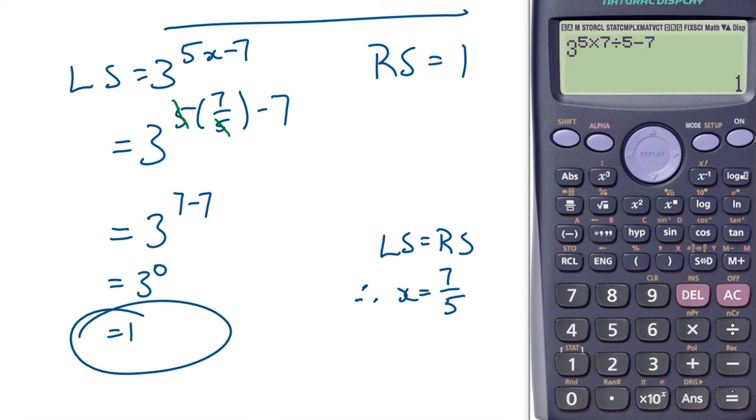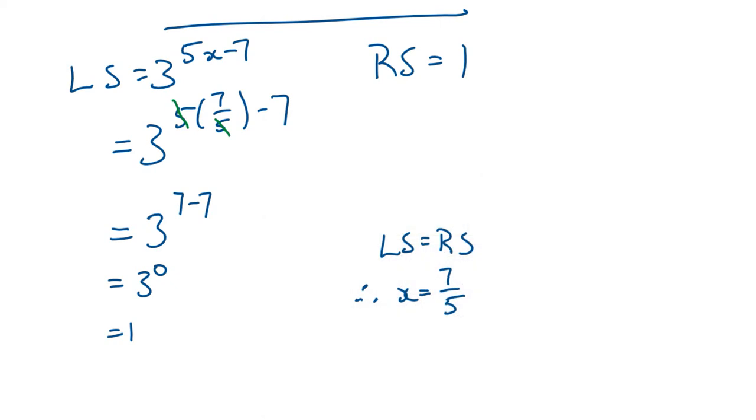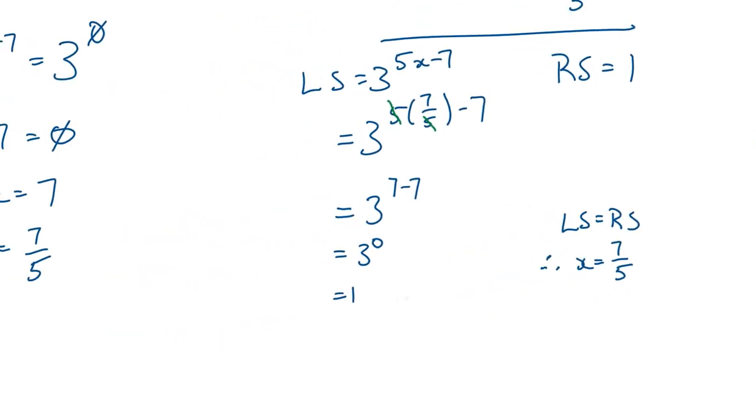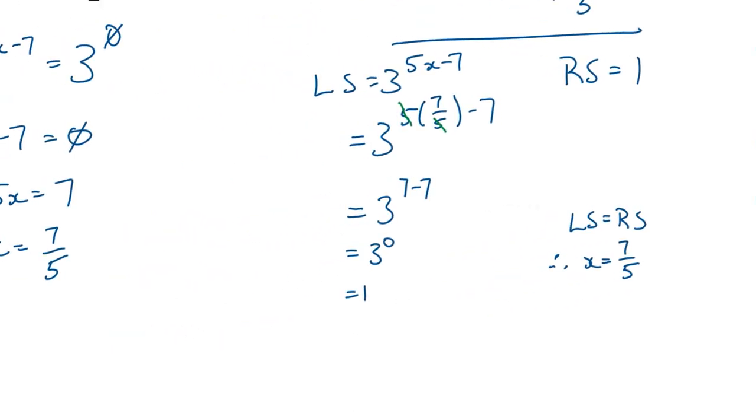So however you punch it into your calculator, just make sure you know what you're doing and that you have a system that you're comfortable with. But again, as I'll repeat, you do not have to show those steps. I just like to because it's a good refresher. Mental math is a good thing to practice. But when it comes down to it, you want to do things quickly, you want to save time, and you want to get the right answer. So it's totally fine to use your calculator.